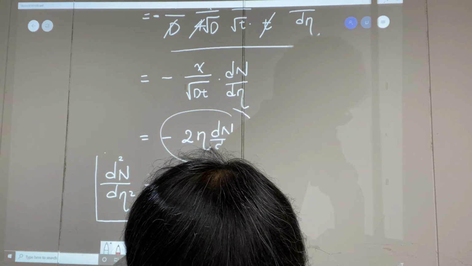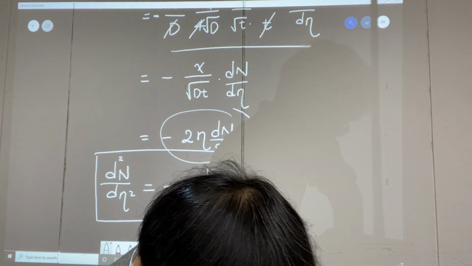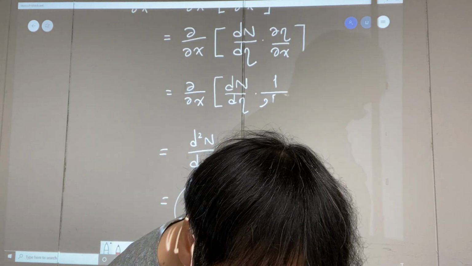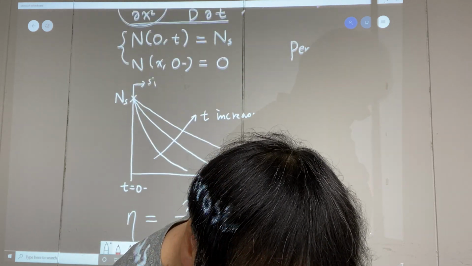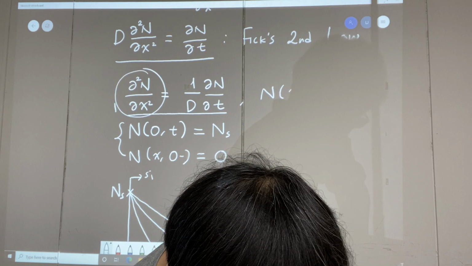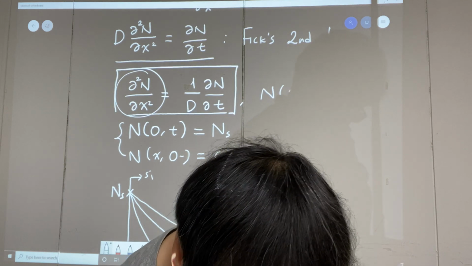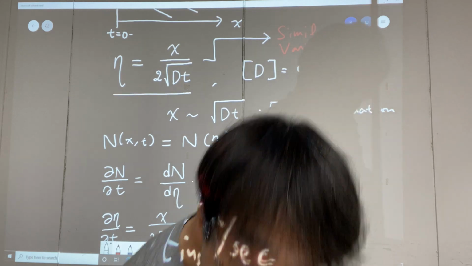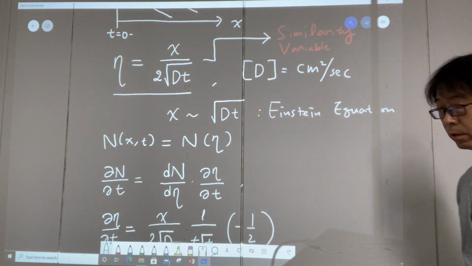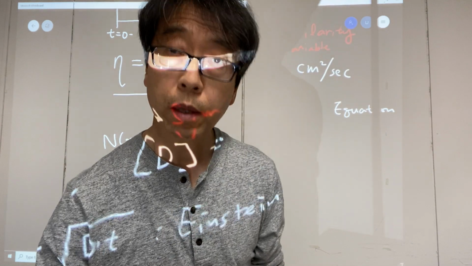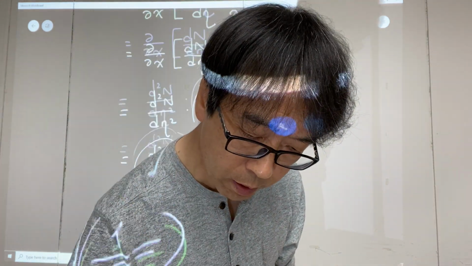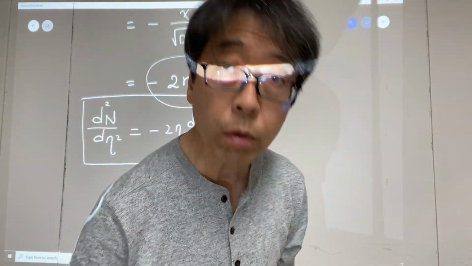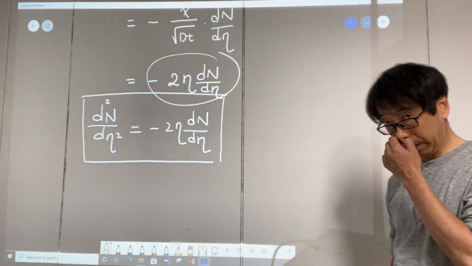Remember, we started from a partial differential equation. We introduced the similarity variable, and now we have ended up with a beautiful ordinary differential equation.